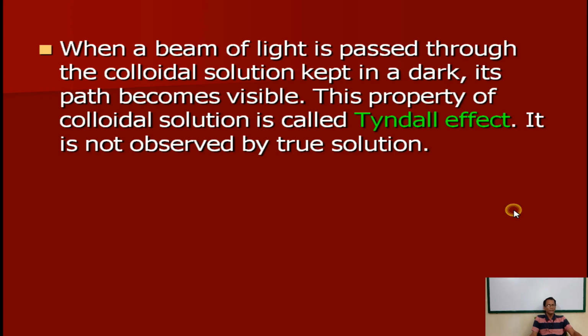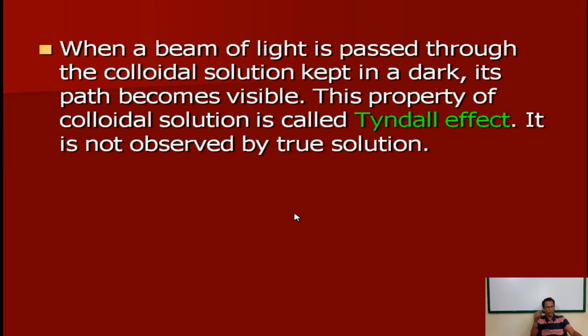Then another property of colloidal solution: when a beam of light is passed through a colloidal solution kept in the dark, the path of the light is observed as a change in color. That is called the Tyndall effect. When light passes through the colloidal solution, the path of the light is illuminated.